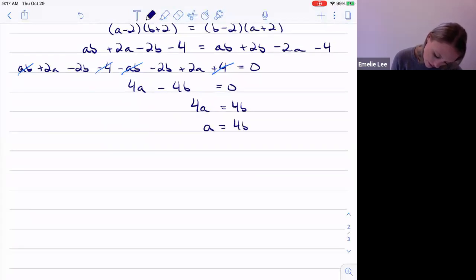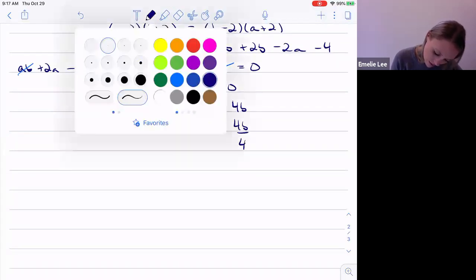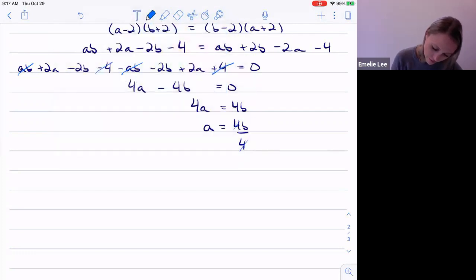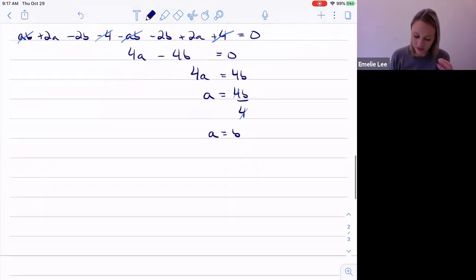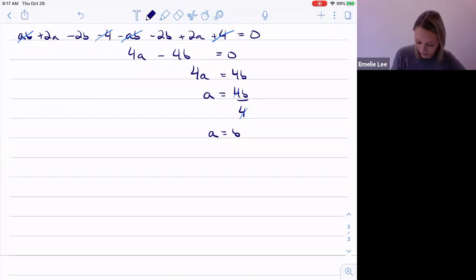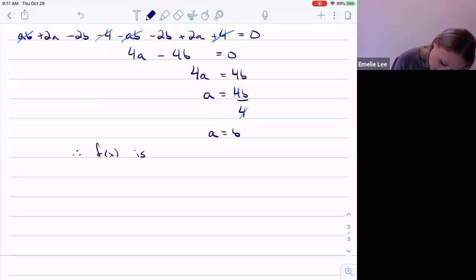So A is 4B divided by 4. 4 divided by 4 is going to cancel, and so finally A equals B, which means, and I always want you to have a little summary of what that means. Therefore, f of x is 1-to-1.